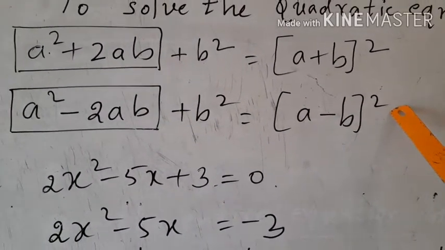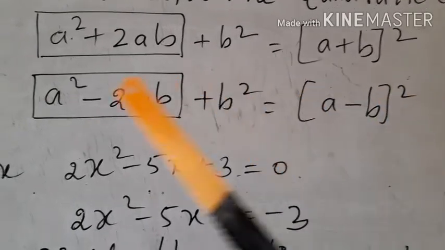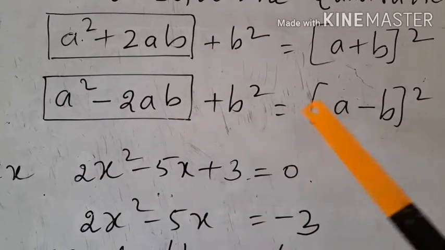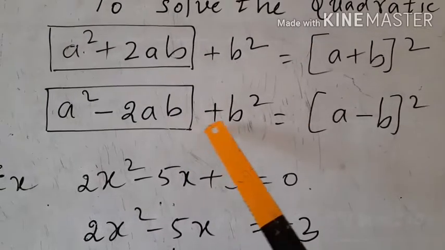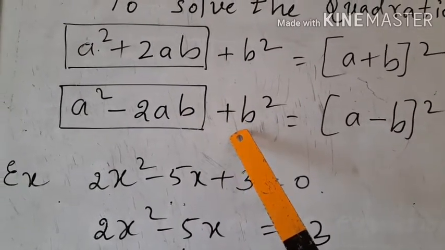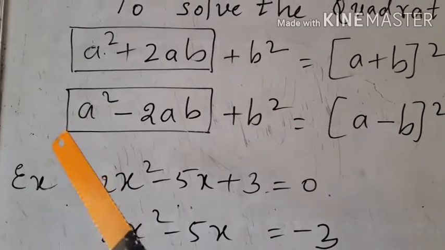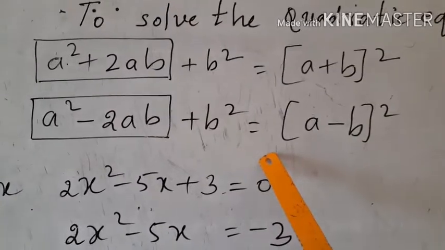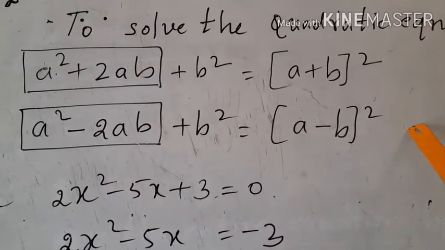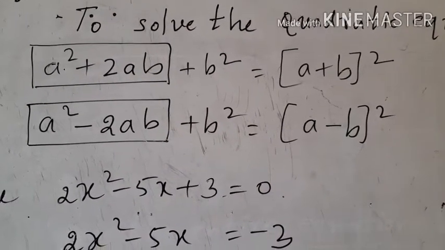If you would like to make a square minus 2ab equal to (a minus b) the whole square, we have to add plus b square here. When we add b square, only then a square minus 2ab plus b square becomes equal to (a minus b) the whole square, which is a perfect square.